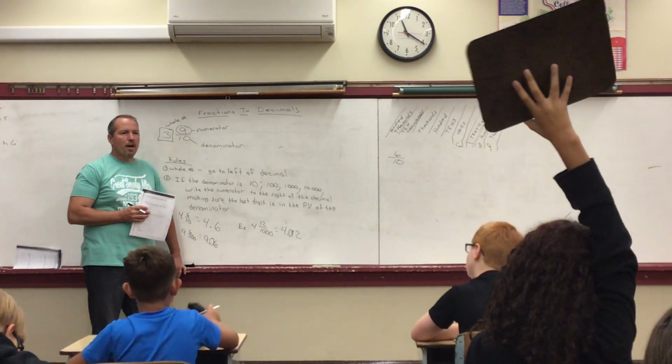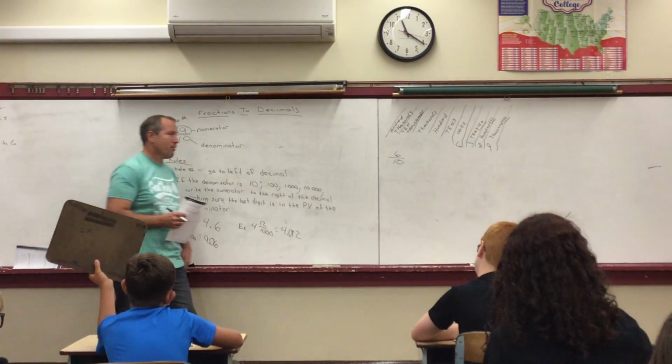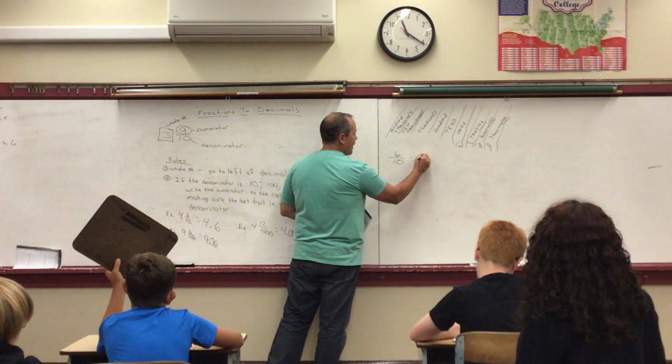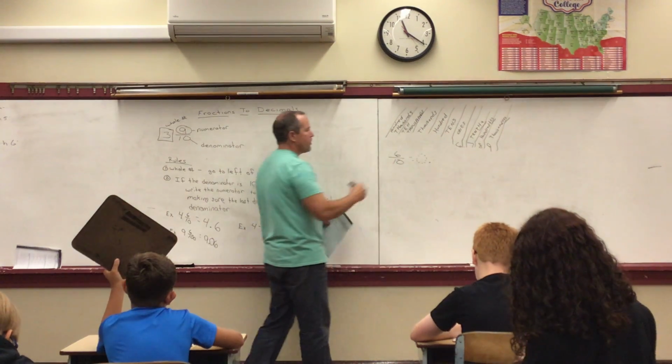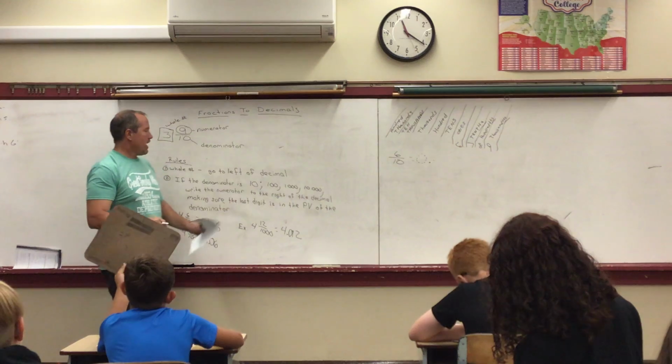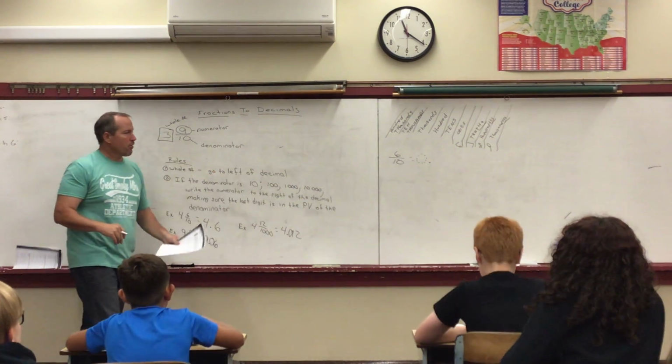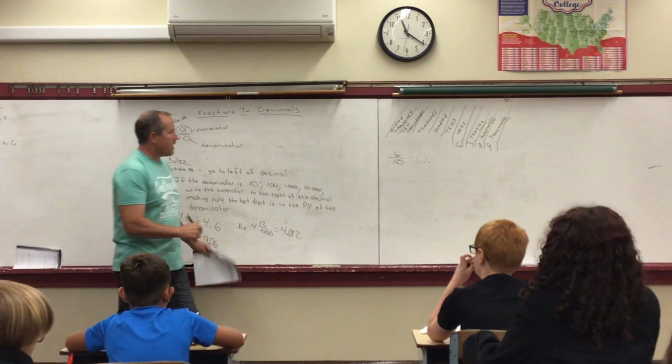Okay, first of all, is there a whole number? No, there is no whole number. So we don't need to put a whole number. If you want to, you can put that 0 there. Don't need to. The denominator, is it one of our numbers? Yes. So we're going to write the numerator to the right of the decimal.